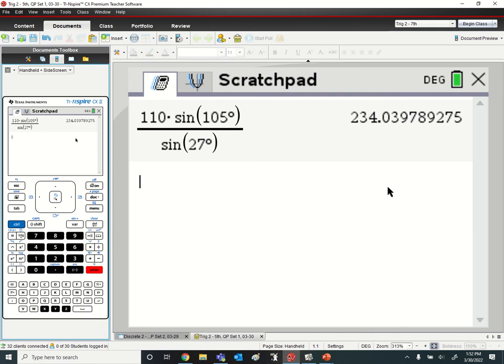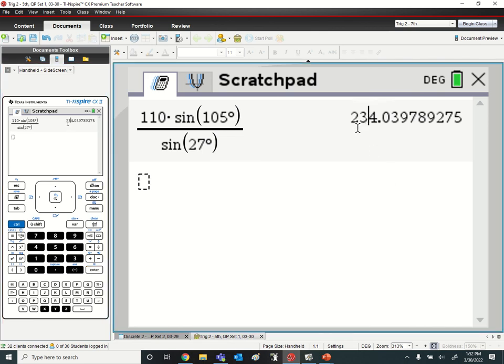My answer is 234.0397. But it said round to the what? So what is my answer going to be? Jason, what did you say it is? 230. Isn't the 3 the tens place?